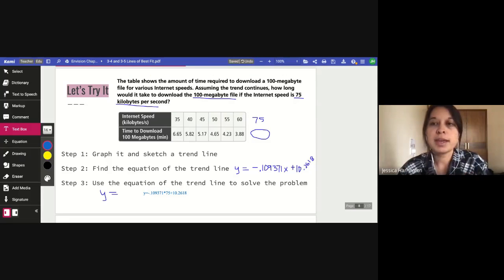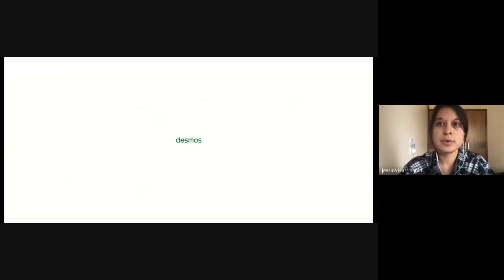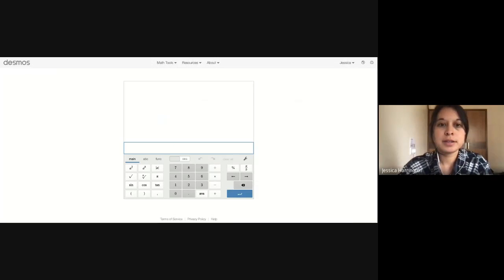And when I go to my calculator to type that in, what is negative 0.109371 times 75, all of that being added to 10.2618?